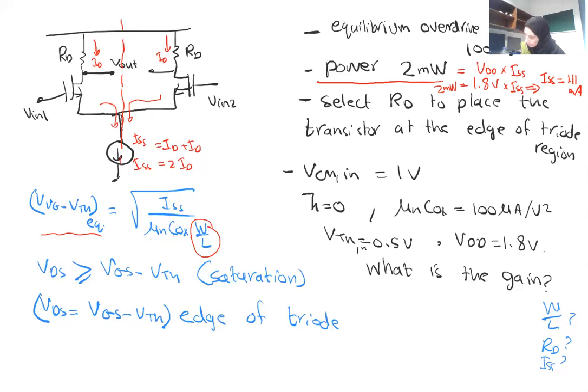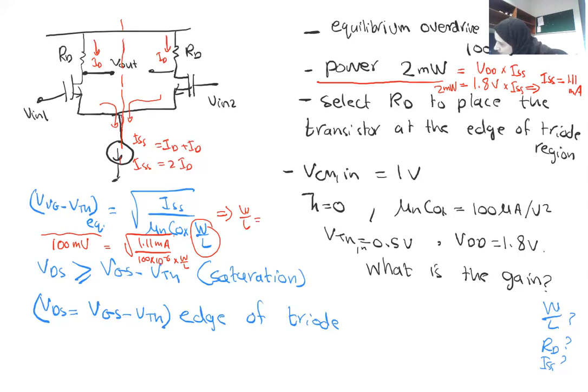Okay, so now from here, we can find W over L by substituting 100 millivolt and the square root of ISS milliamp over mu_n Cox, which is 10 to the power minus 6, times W over L. From here, we find W over L to be how much?